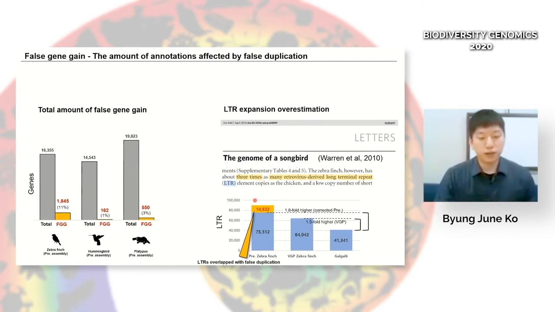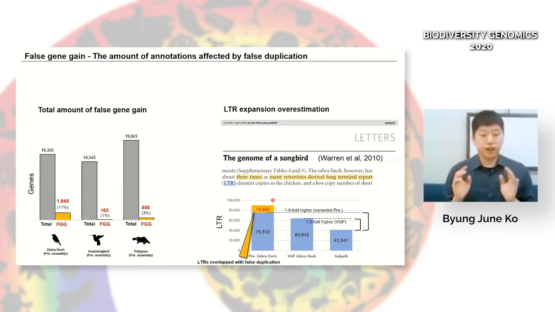Actually, we found some LTRs are artifacts made by false duplication. Then zebra finch's LTR is just 1.8-fold higher than the recent chicken genome. This is lower than the number of LTRs previously reported.